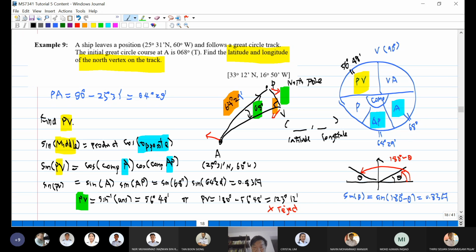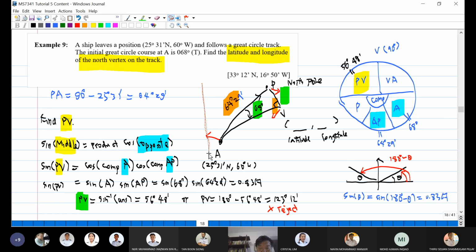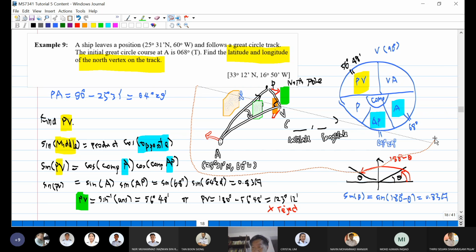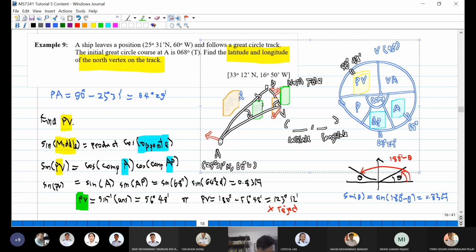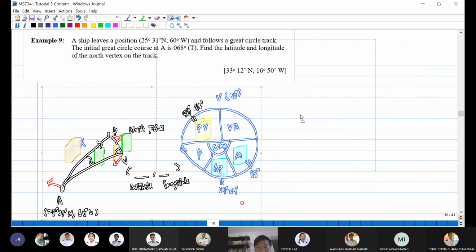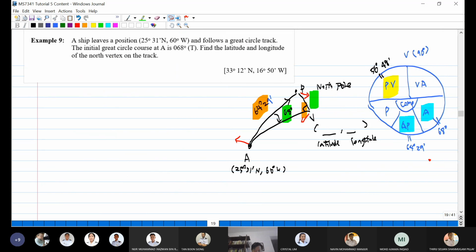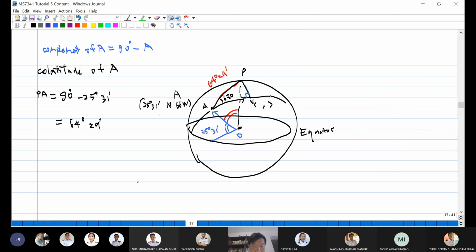Okay, so next step I'm going to find out what is the latitude of V now. So I'm going to copy this to the diagram. Next page first. Okay, so then go back to the big sphere I had just now.